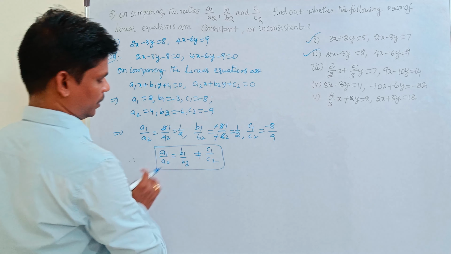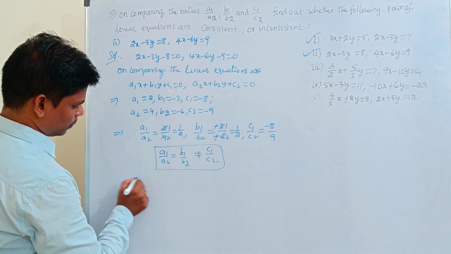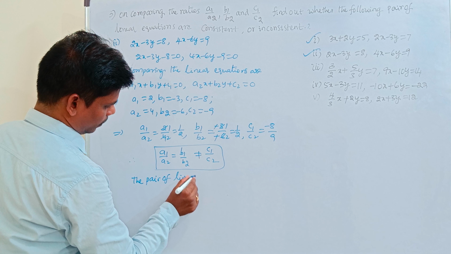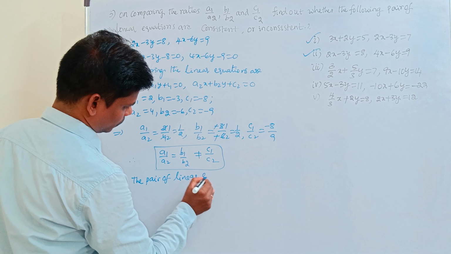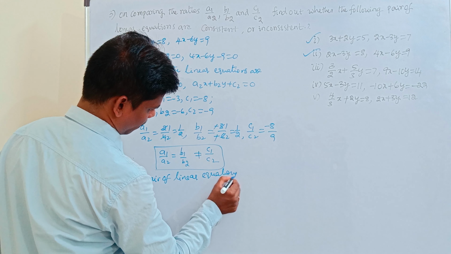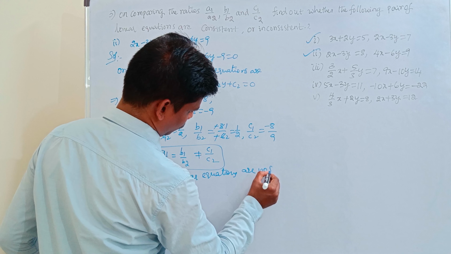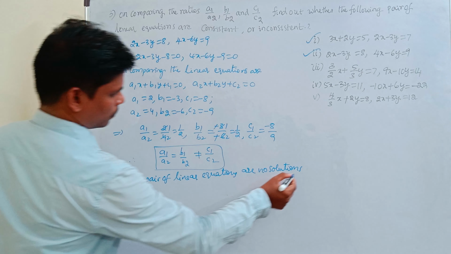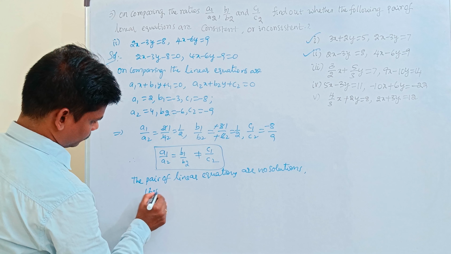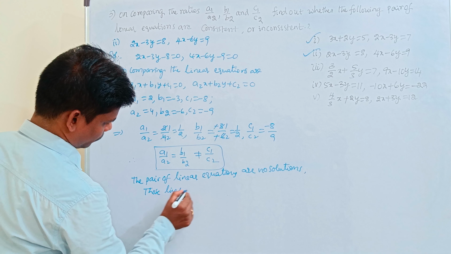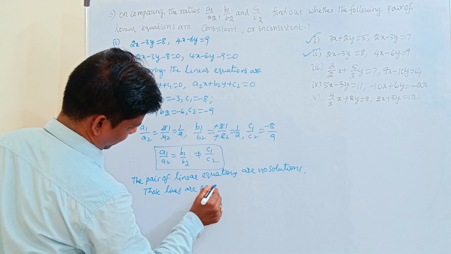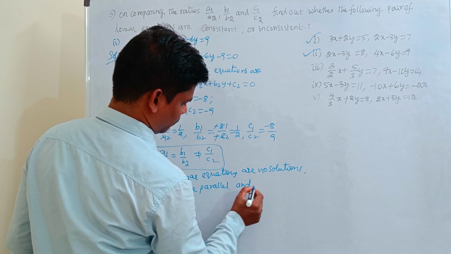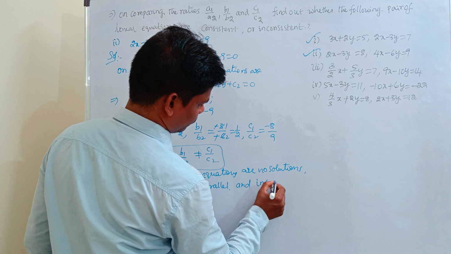Here this condition: the pair of linear equations has no solutions, those lines are parallel, and that system is an inconsistent system.